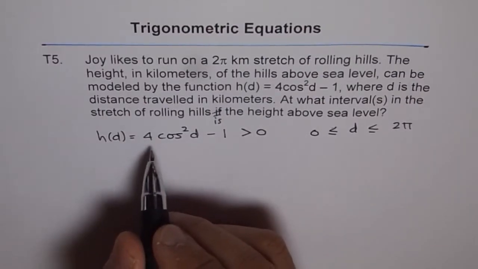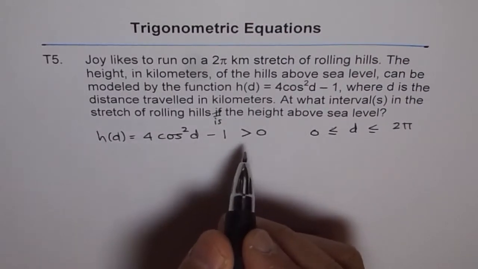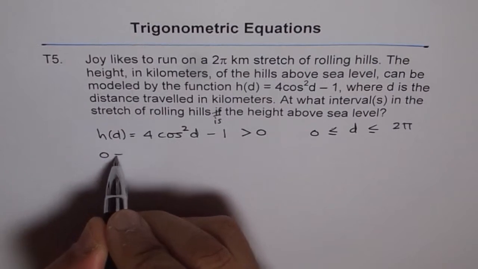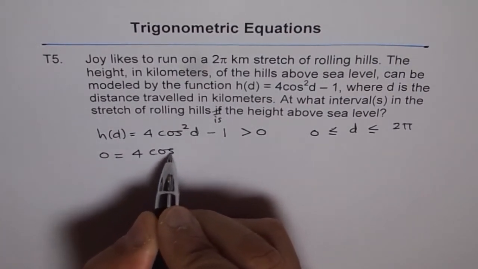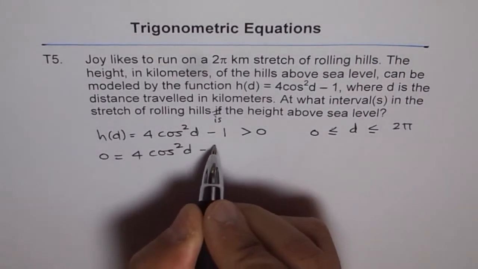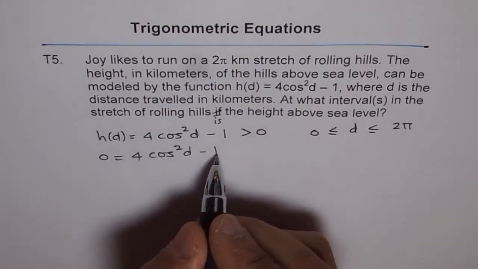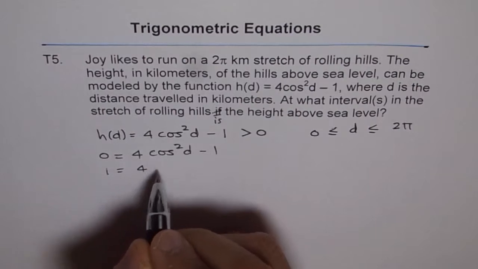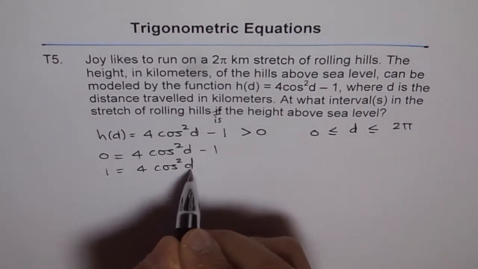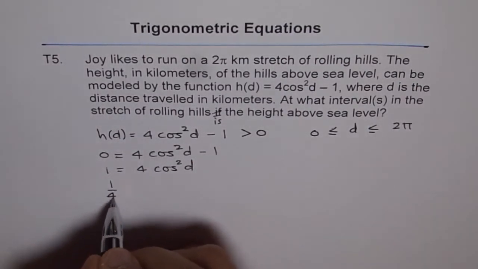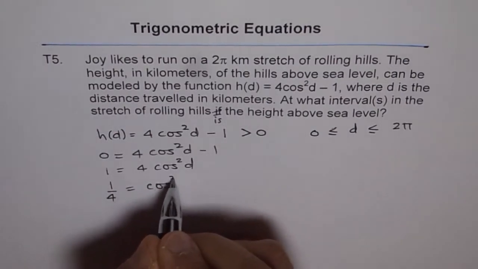So let's find the points where the height is going to be 0. Let's equate like this: 0 equals 4 cos square d minus 1, and let's solve for d from here. So that gives us 1 equals 4 cos square d, and that means 1 over 4 equals cos square d.